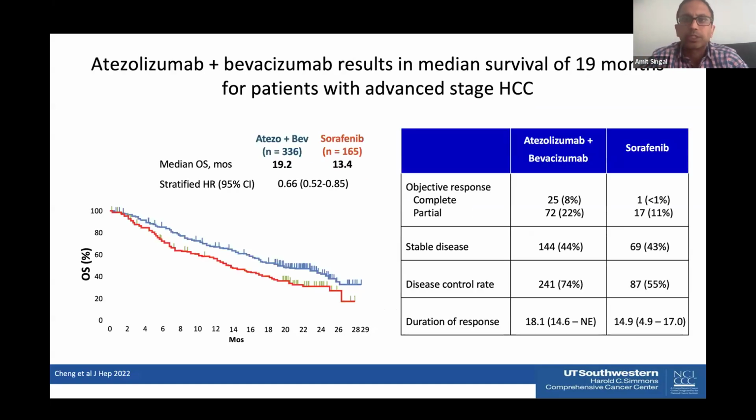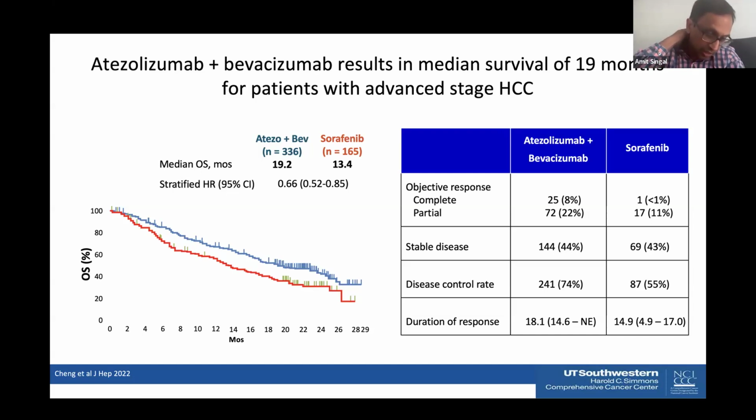Now, like many discussions, the discussion of where systemic therapy should fit in was completely rethought after the introduction of immune checkpoint inhibitors. Among them, we have the introduction of atezolizumab plus bevacizumab, proven to be beneficial in the IMbrave150 trial. So this is in the systemic therapy advanced stage or unresectable setting.